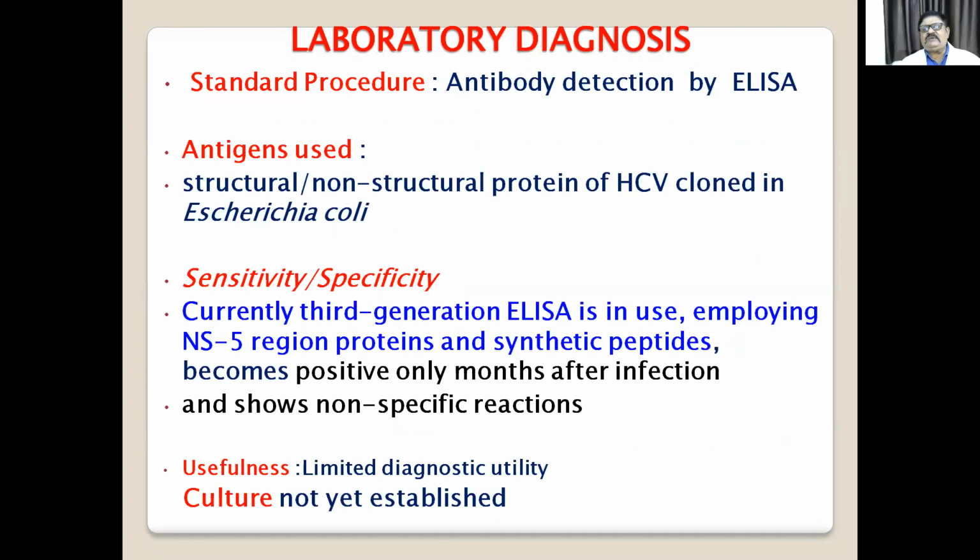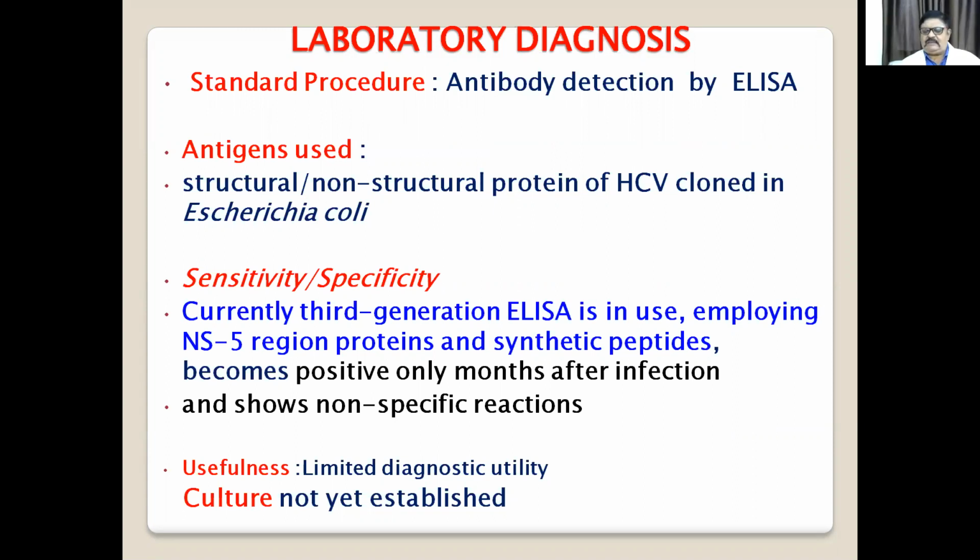Becomes positive only months after the infection. Shows non-specific reactions. What do you call such a test? Limited diagnostic utility. Because you immediately need to treat, and you are in a difficult situation where only after months you know the diagnosis. Yes or no? So, usefulness is limited in diagnostic utility.